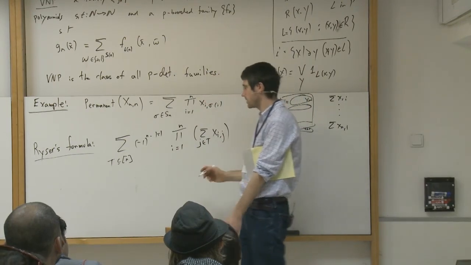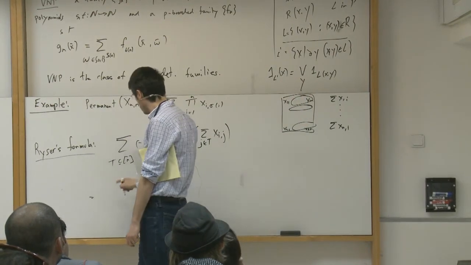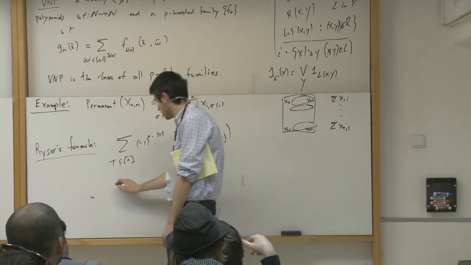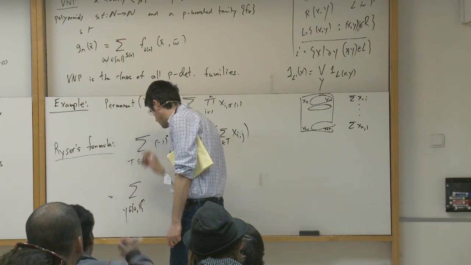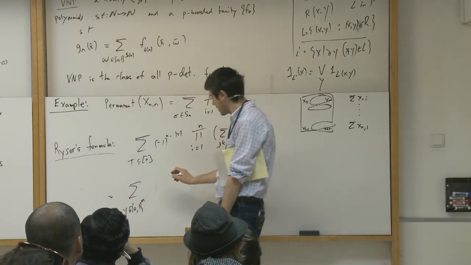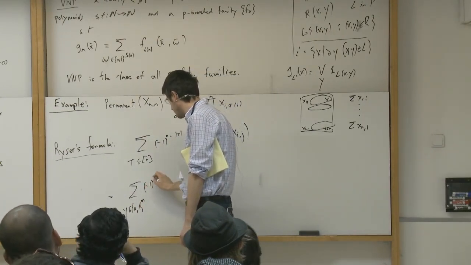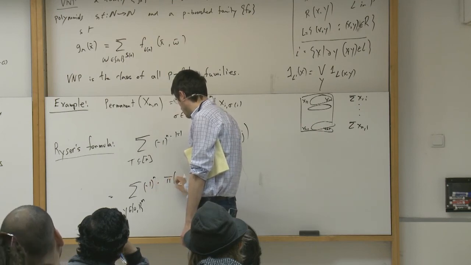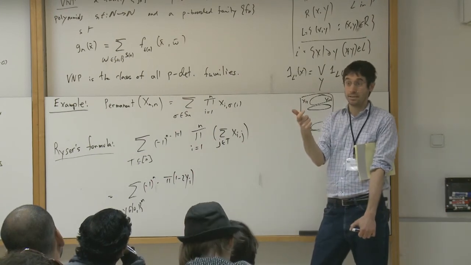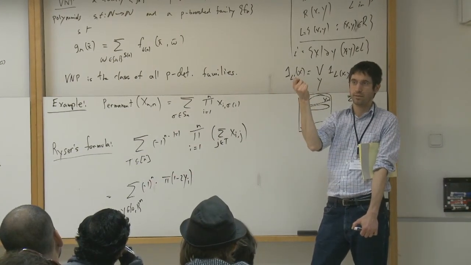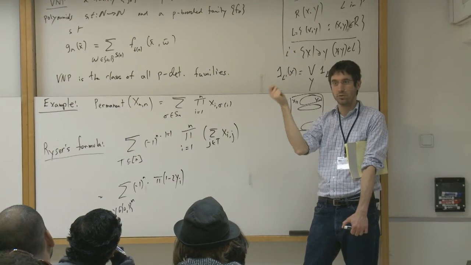For example, you can write it as, okay, let's introduce new variables, summation over y in {0,1}^n. Now, here we should have (-1)^n, I guess, times the product of (1 - 2yi). So think about y as the characteristic vector of the set t. yi will be 1 if i is in t, it will be 0 if i is not in t.